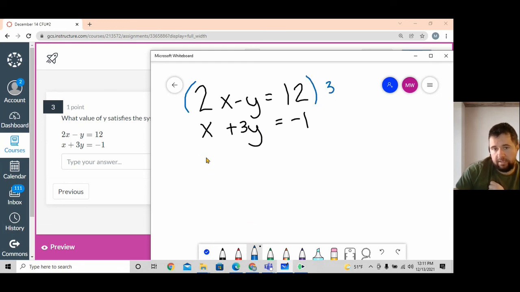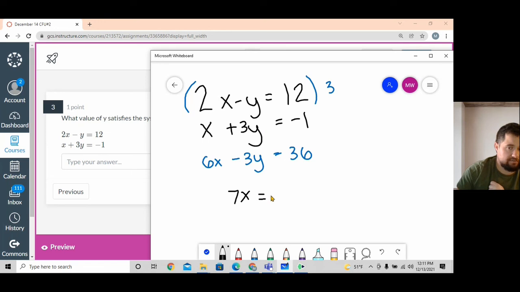And that's going to leave me with 6x minus 3y equals 36. I'm going to combine my like terms, and I'm going to have 7x, no y's because positive, negative cancel. Negative 1 plus 36 is 35. 7x equals 35. Divide by 7. Divide by 7. x equals 5.